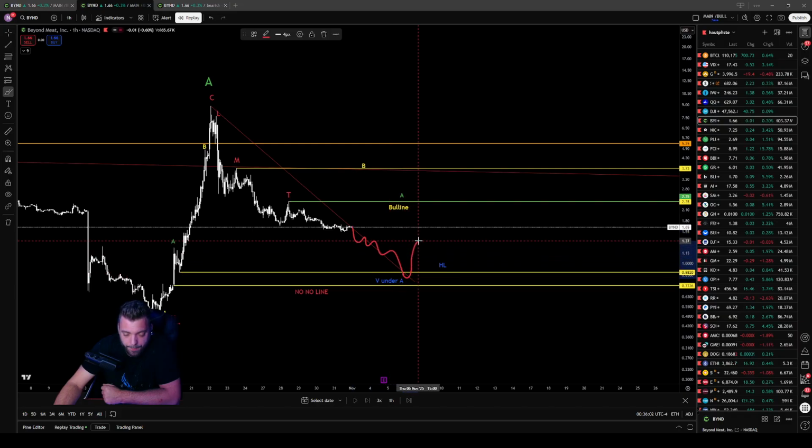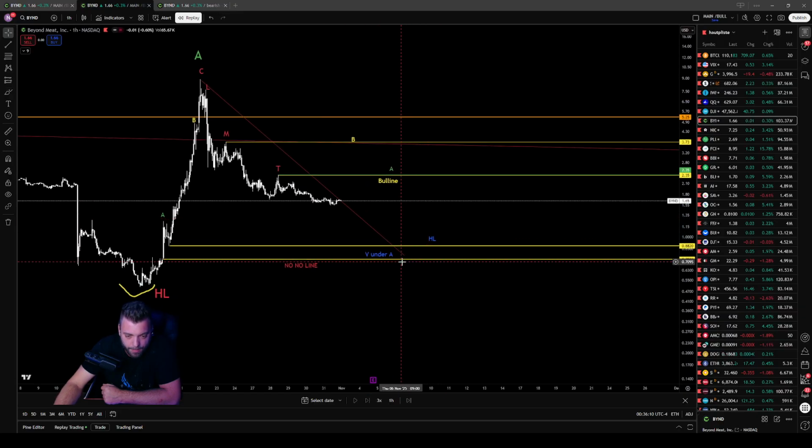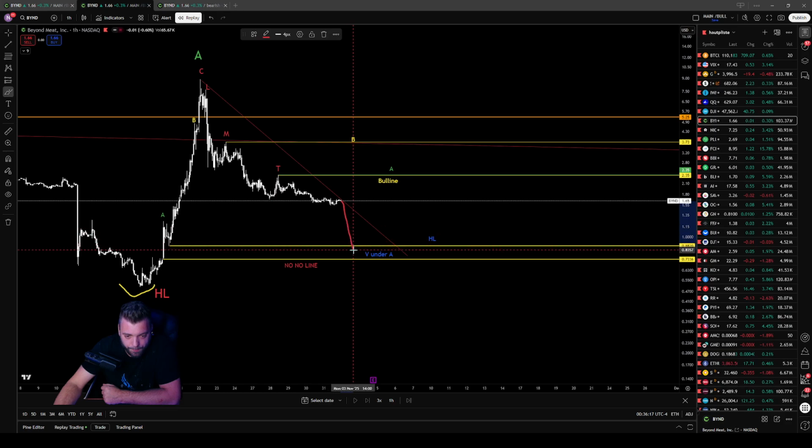Then you bounce there, make a higher low. Most likely could be however this trend line will look then. So let's say we do it quick. So we go down, bounce here. I would say this would be a higher low.